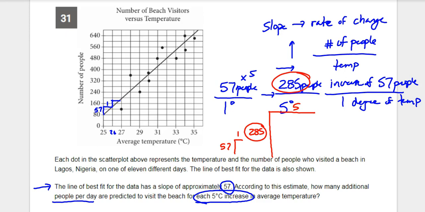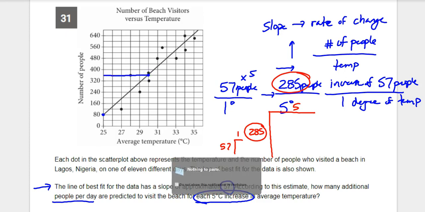And we could check that and see how accurate it is on the graph. I don't think we'll be able to see it perfectly, but we could pick a couple spots. Maybe we pick right here at 80, and then we go over 5 degrees, which would be right about here, and cut across. I think these are going by 40, so 360.